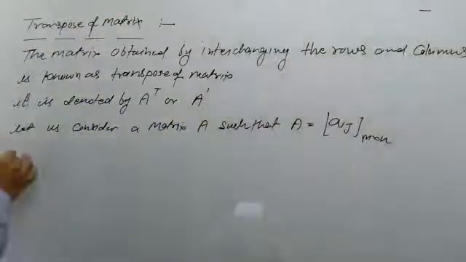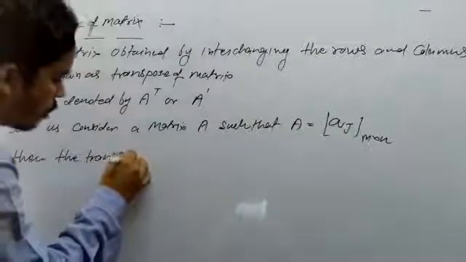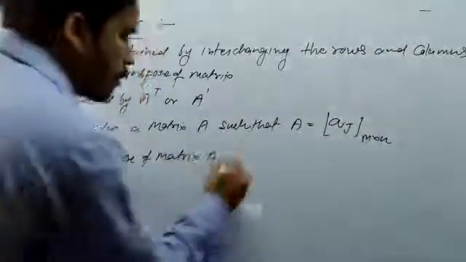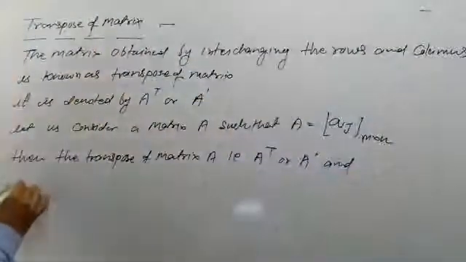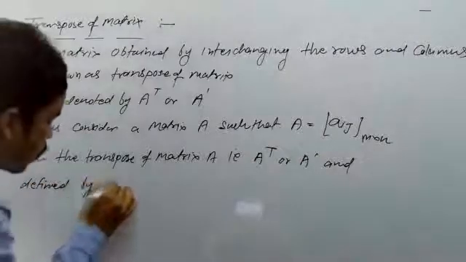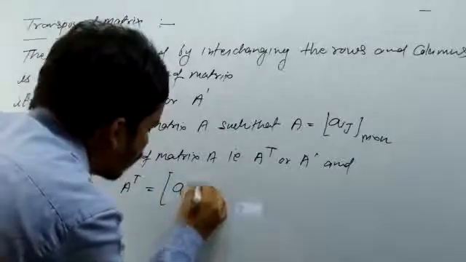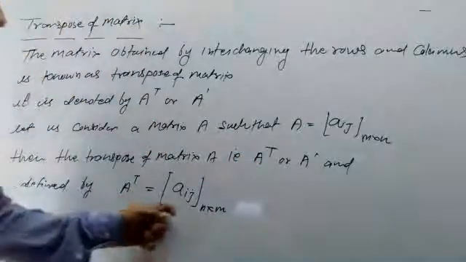Then the transpose of matrix A, that is A^T or A dash, is defined by A^T is equal to [a_ji] of order n cross m.